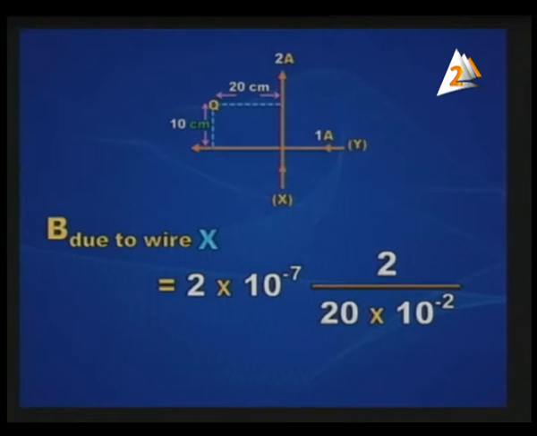It is equal to 2 times 10 to the power of negative 7, current flowing through wire X is 2 amperes, distance is 20 centimeter. 20 should be converted into meter, so 20 times 10 power negative 2. It is 2 times 10 power negative 6 Tesla. So we managed to calculate the magnetic flux density due to the wire carrying a current of 2 amperes.